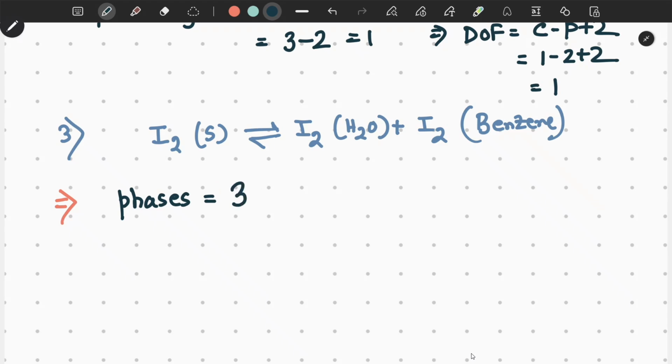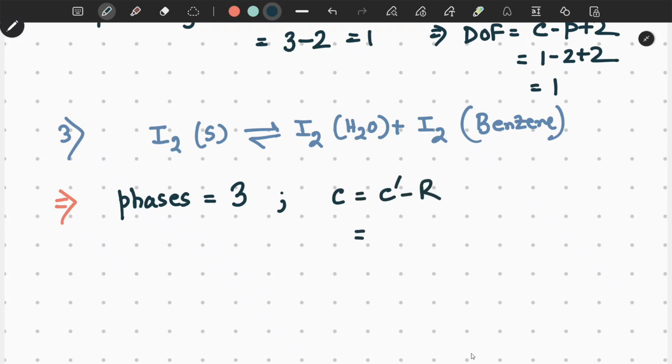Exactly. Water and benzene are immiscible because water is a polar solvent and benzene is a non-polar solvent. That's why it creates two different phases. Both being liquid does not mean the same phase. Phase means you can identify it by its physical properties. That's why it is a different phase. So benzene and H2O.